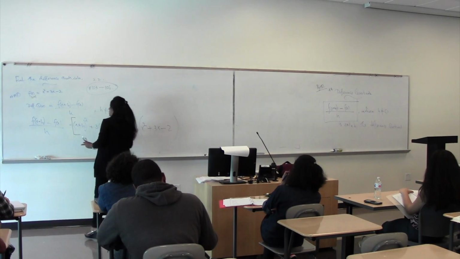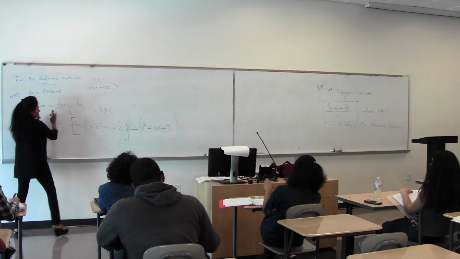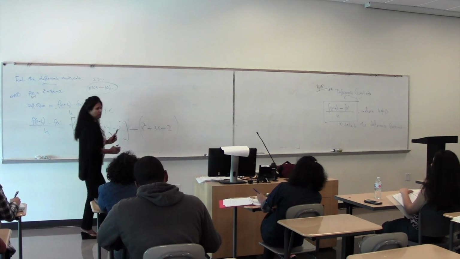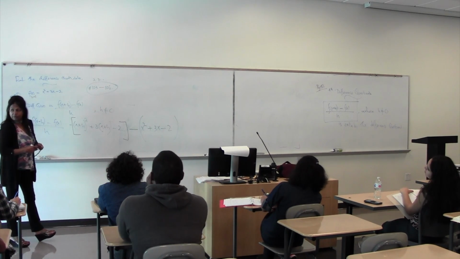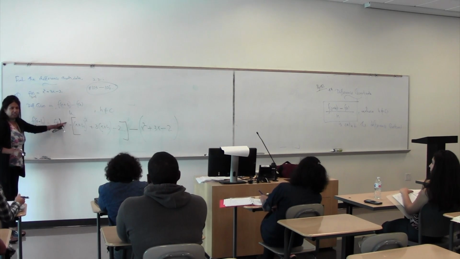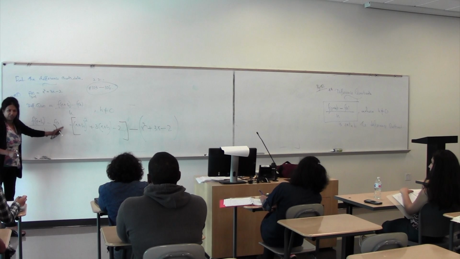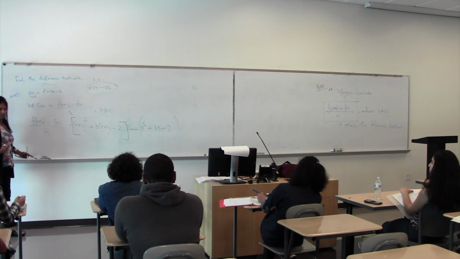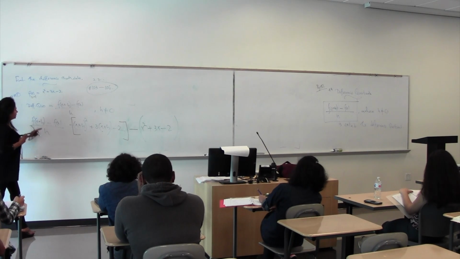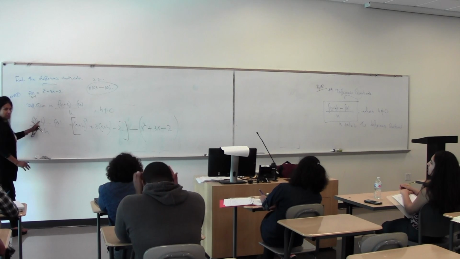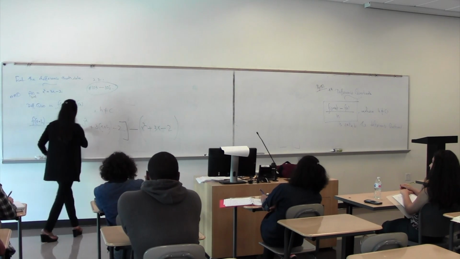Are we done looking for the difference quotient? A quotient means there's a division of two things, so whenever we take the difference quotient, we need to consider this and divide by h.